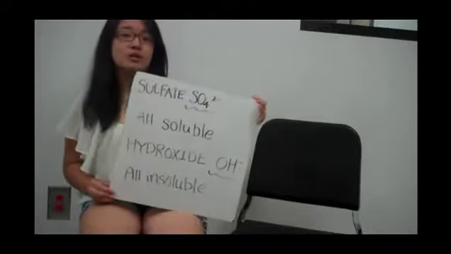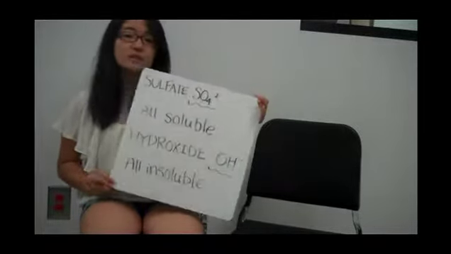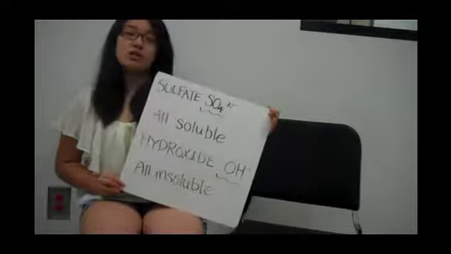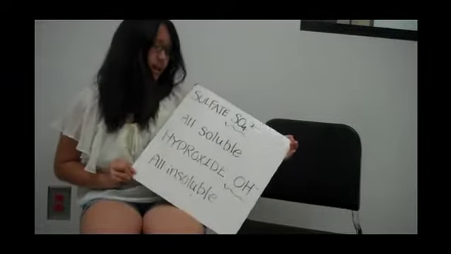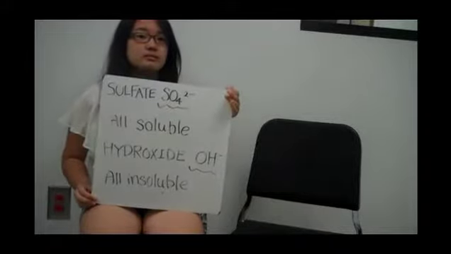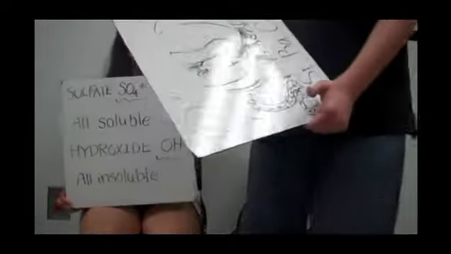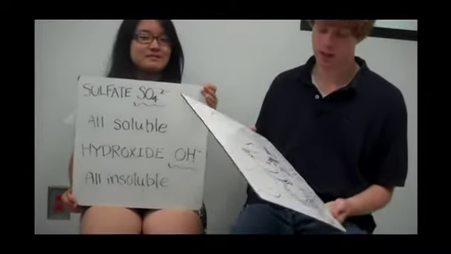Now let's talk about other substances, such as sulfates and hydroxide. Sulfate, SO4 2-, is all soluble, and hydroxide, OH-, is all insoluble. Now that's just not true. There are a few exceptions for this too. And I brought my mnemonic device this time.